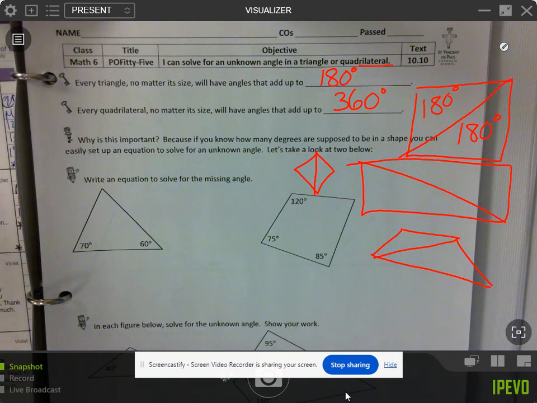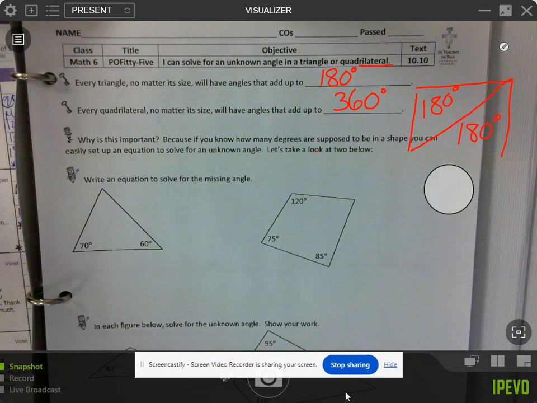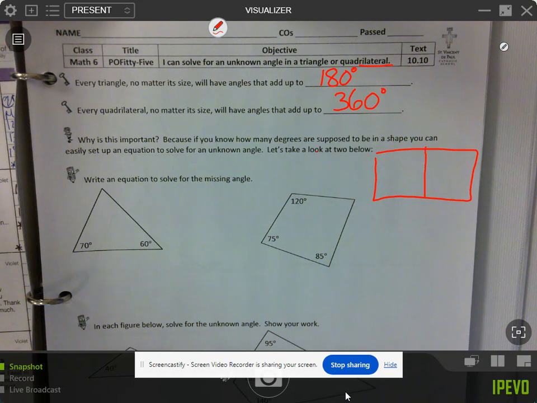Layla. So you can draw a line like this and get two squares, right? But I'm showing you how any shape, any quadrilateral, you can break it into two triangles. So sure, you could break it up in different ways. I'm showing you why it works. Because two triangles will make a quadrilateral.